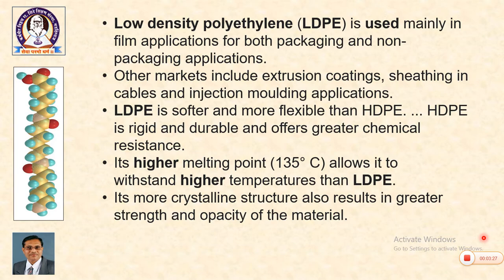HDPE is rigid and durable and offers greater chemical resistance. Its higher melting point, around 135 degrees centigrade, allows it to withstand higher temperature than LDPE. It has a more crystalline structure, which also results in greater strength and opacity of the material.